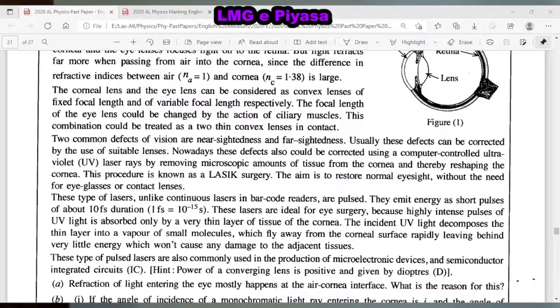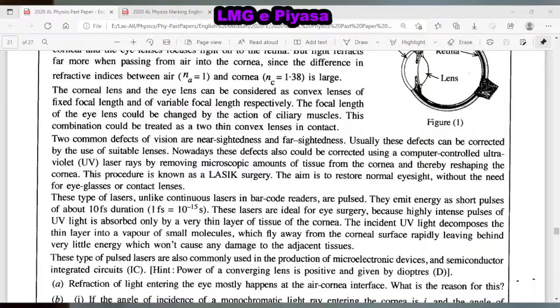Now they are telling the way refraction of light entering the eye mostly happens at the cornea interface. What is the reason? ඒ කියන්නේ එයා cornea interface එකේ තමයි වැඩිම refraction එකක් වෙන්නේ.